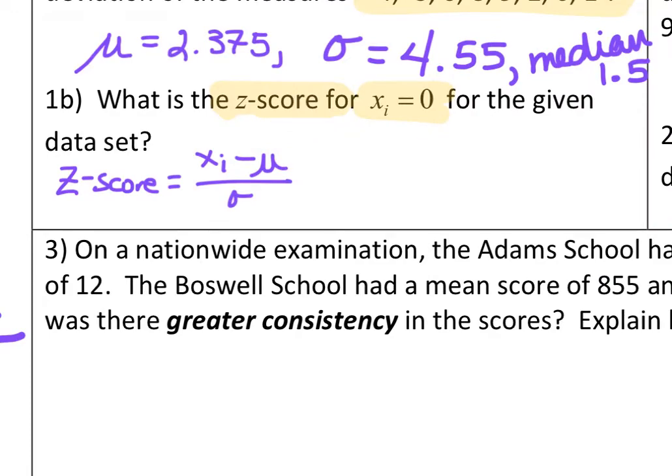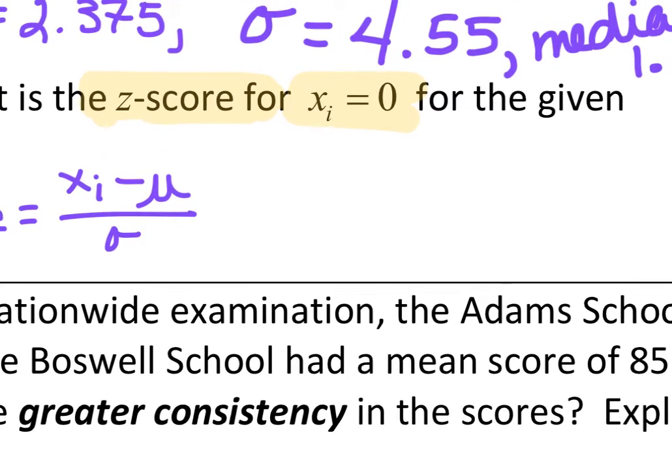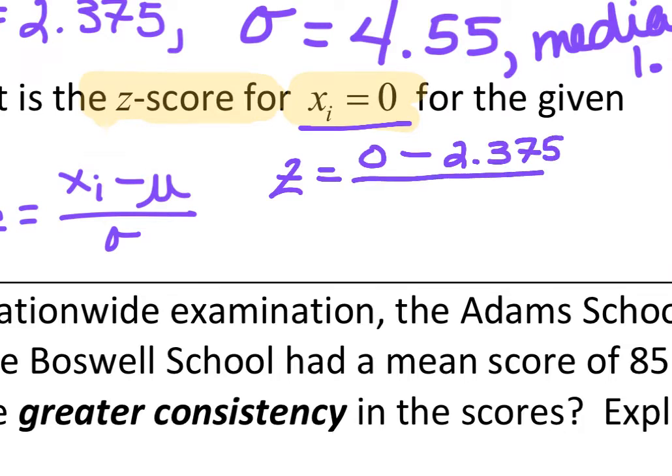And so in this case, the element of data that we're talking about is x sub i equals 0. So our z-score is going to equal 0 minus, and then the mean is 2.375, and the standard deviation is 4.55.